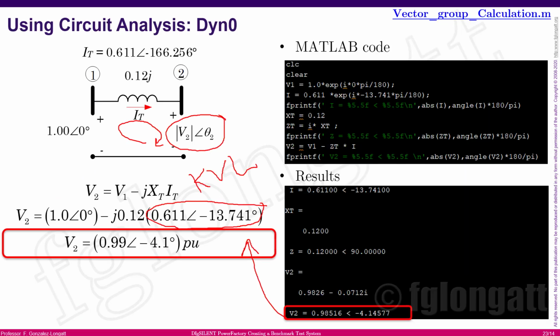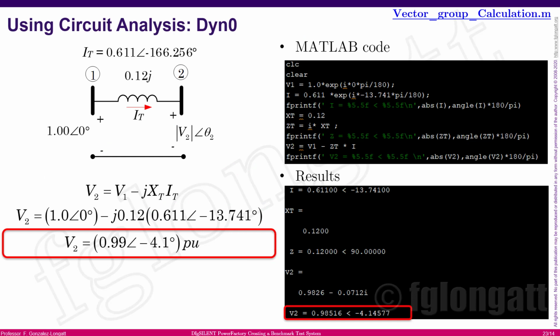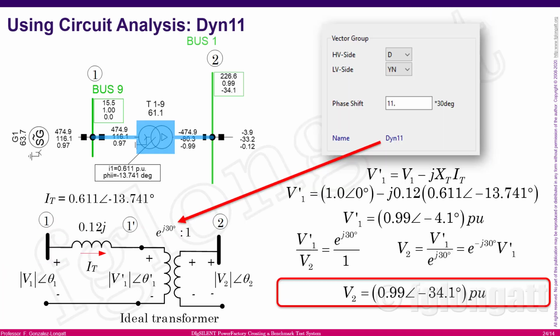Well, we demonstrated this, but now, probably to avoid the question, what happens if we use the DYN11? Well, it's extremely simple, okay? Right now, I will show you the results.